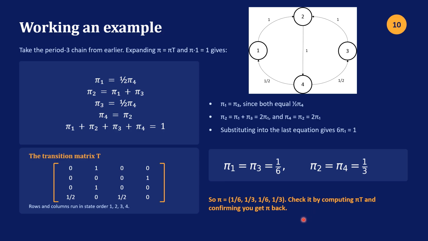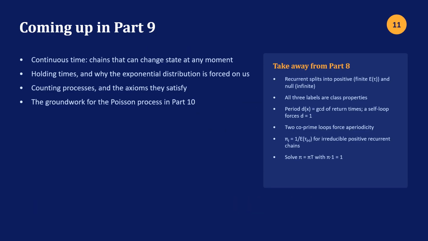So that's our example, and that's the end of the technical part of our lesson. I have one more slide that summarizes some points from this lesson and then gives you a little bit of a preview for the lesson after this. I have a summary of our lesson on the right. So recurrent has two subclassifications: positive recurrent, where the return time is finite, and then null recurrent, where the return time is infinite.